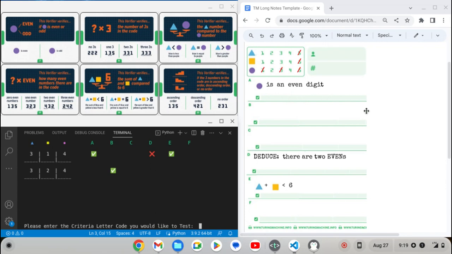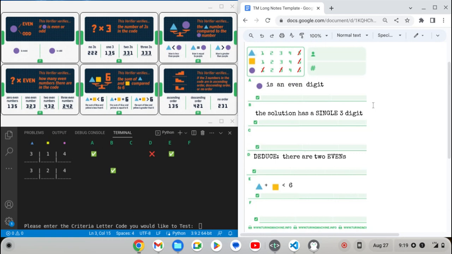So let's go ahead and type that up in our notes in section B, that the solution has a single 3-digit. Oops. Okay.